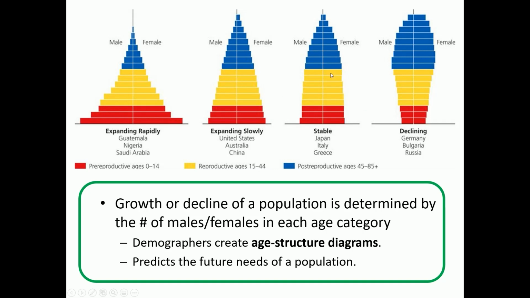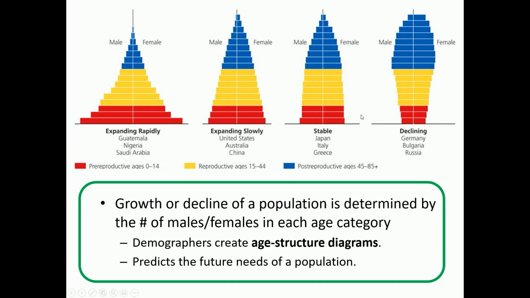So you can see that the sides of this diagram are flat. They look even. They look tucked in, such that we have almost the same number of people in each age category. And the only point at which it's shrinking is when they age into their elderly years and the mortality rate starts to increase as health complications begin to add up.